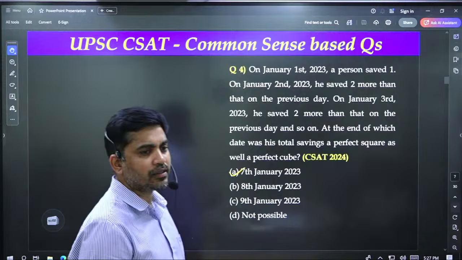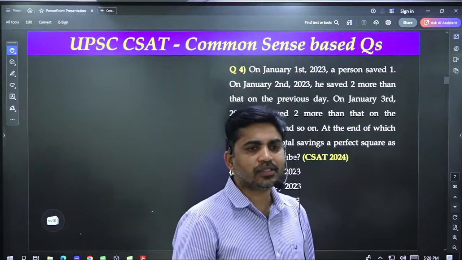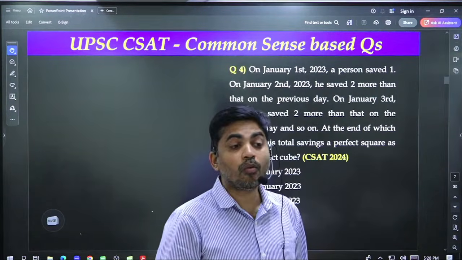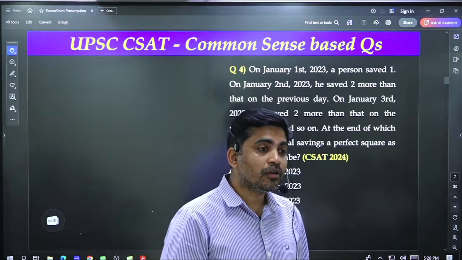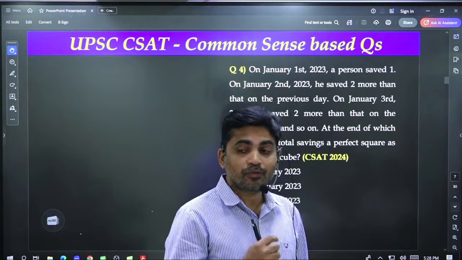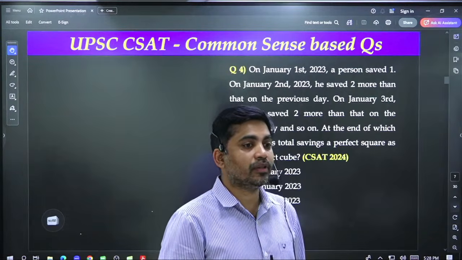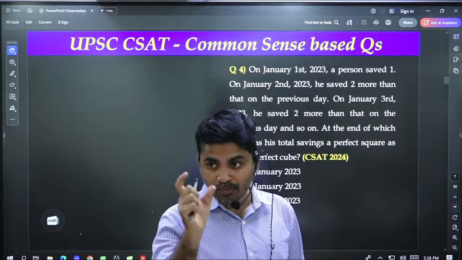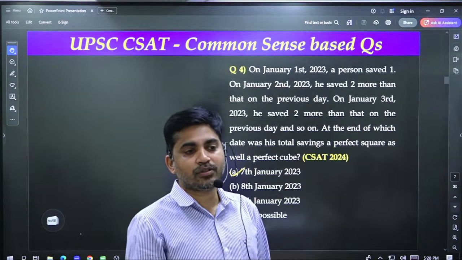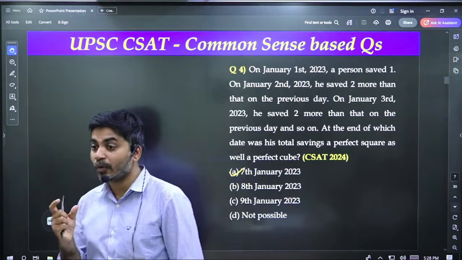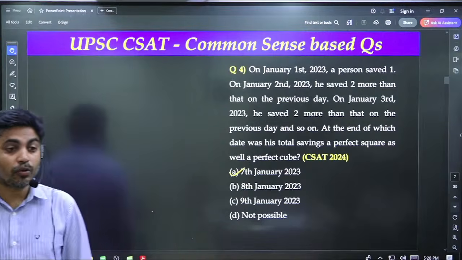Suppose 16. 16 is 4 square, but 16 is not a perfect cube. What about 64? 4 cube and also 8 square. This type of number, for example 64, is called a perfect cube as well as a square number. You have to get that.